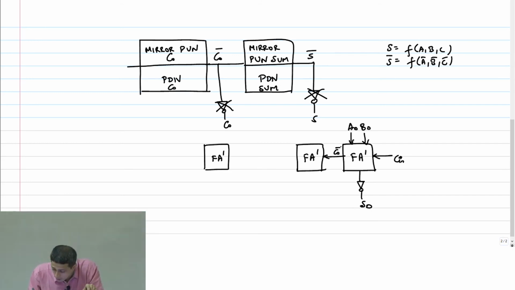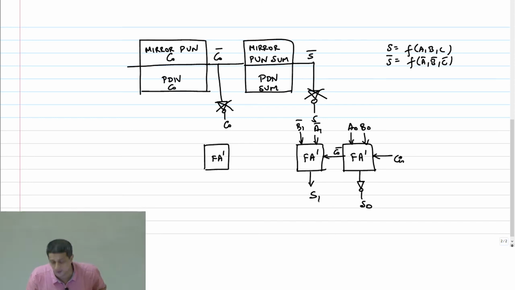C out bar. Now if C out bar is going to the next ripple adder, what should the other inputs be? Exactly, right? A1 bar, B1 bar. What will you get here? You will now get S correctly, because I have removed the inverter from that. FA prime is this circuit without those two inverters.